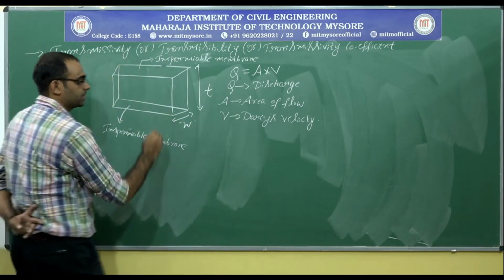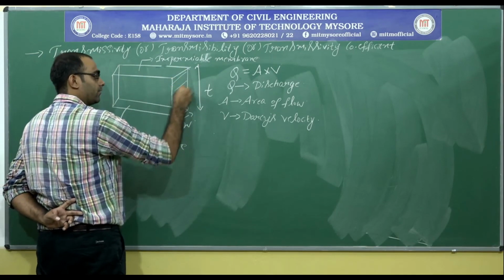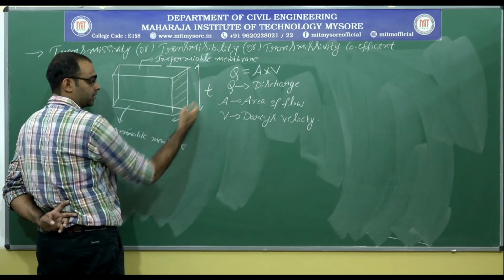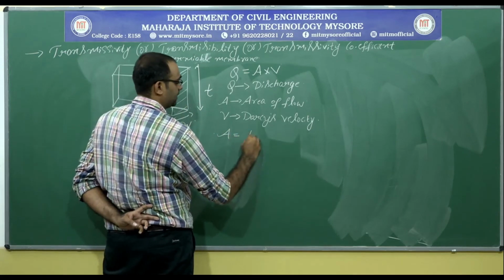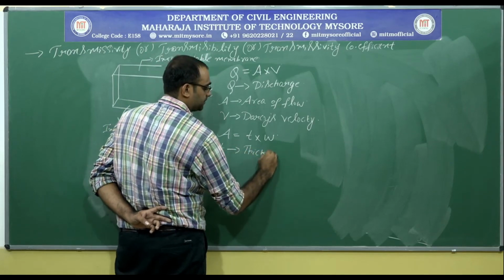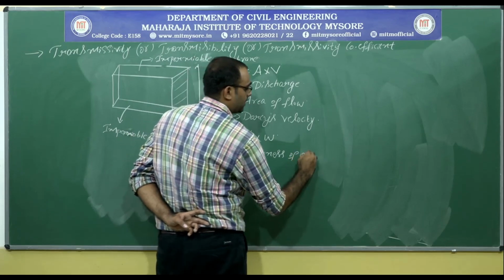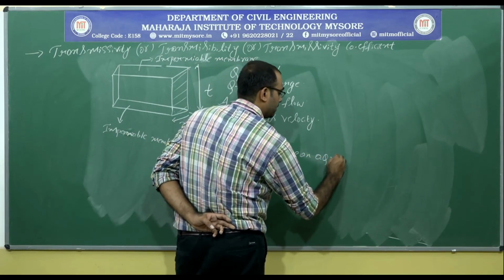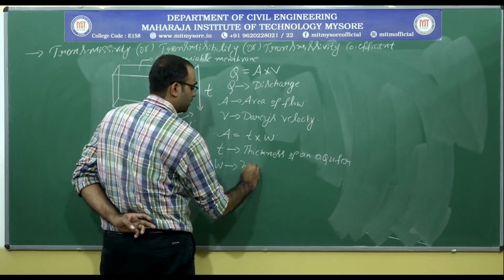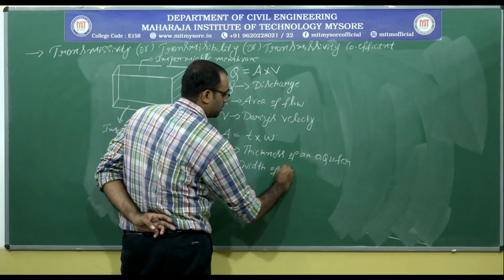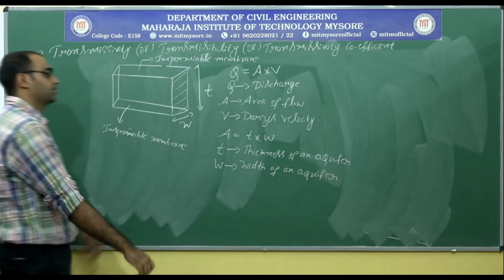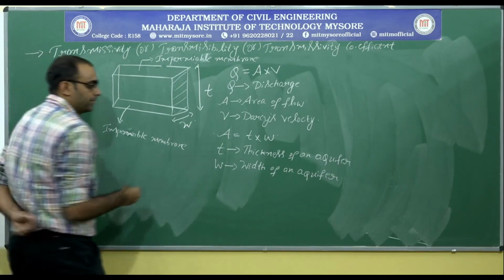By looking at the diagram, you can see the area of flow can be calculated with the help of these two dimensions, that is A equals T into W, where T is thickness of an aquifer and W is the width of an aquifer, right. So we have got all the notations here and we can start with the derivation.